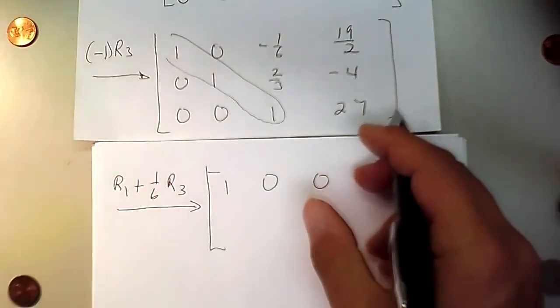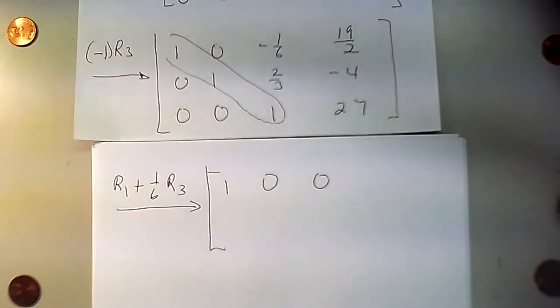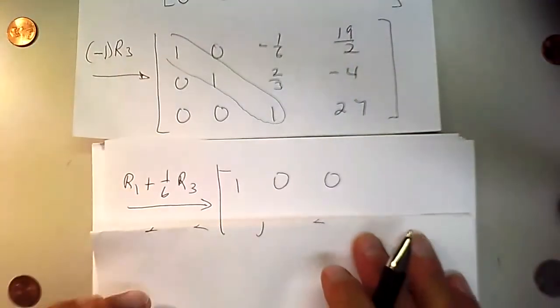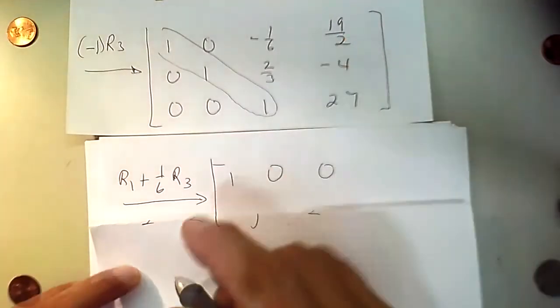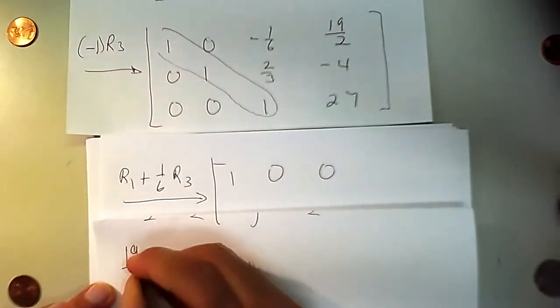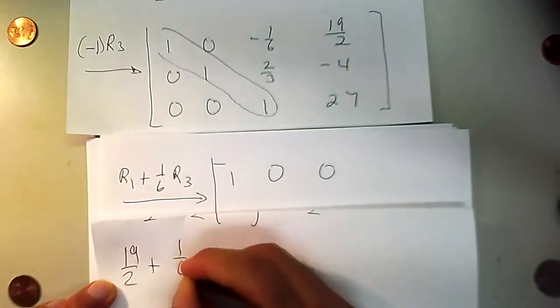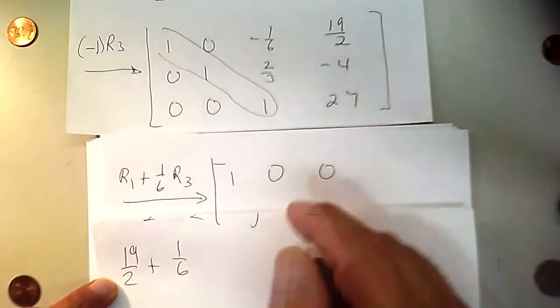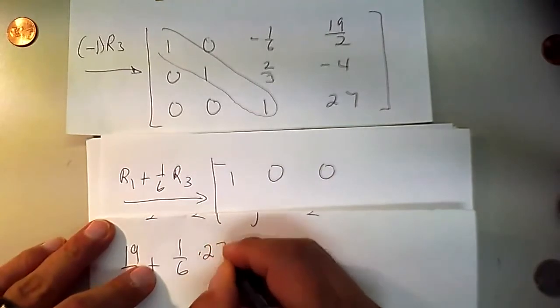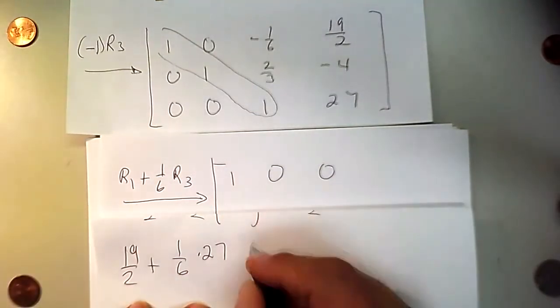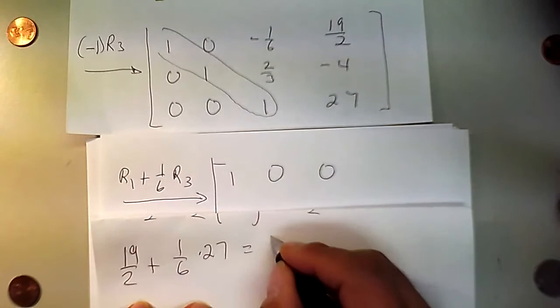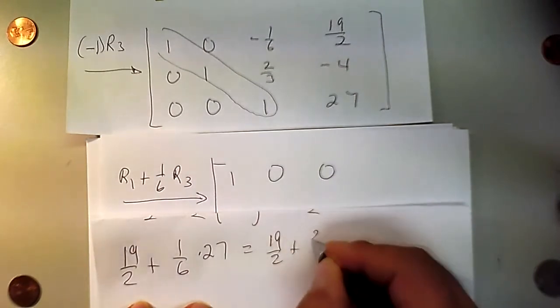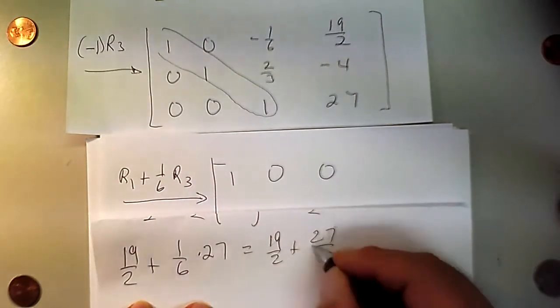That is a little more work. So I'm going to do that here. 19/2 plus 1/6 of 27. Well, that is the same thing as 19/2 plus 27 over 6, but that simplifies down.